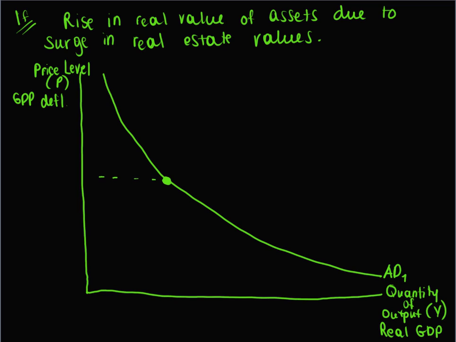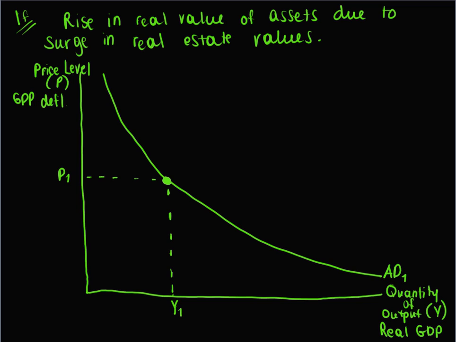And then let's consider whether we are talking about a change that results in a movement along the aggregate demand curve, or a shift of the aggregate demand curve. Remember that we only move along the aggregate demand curve when the change is a change in the price level.